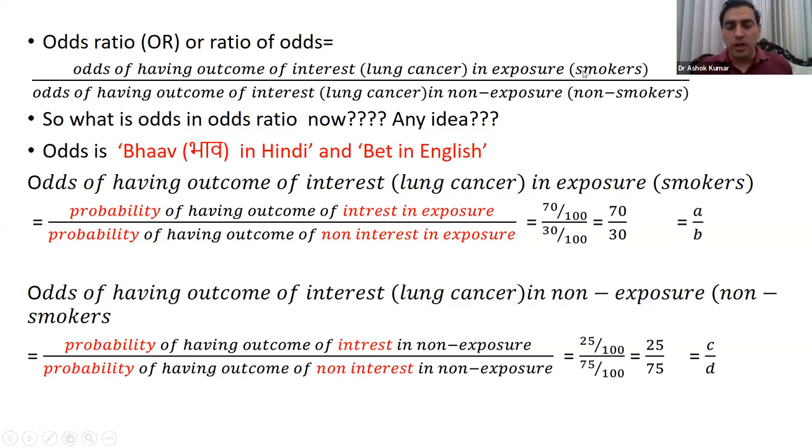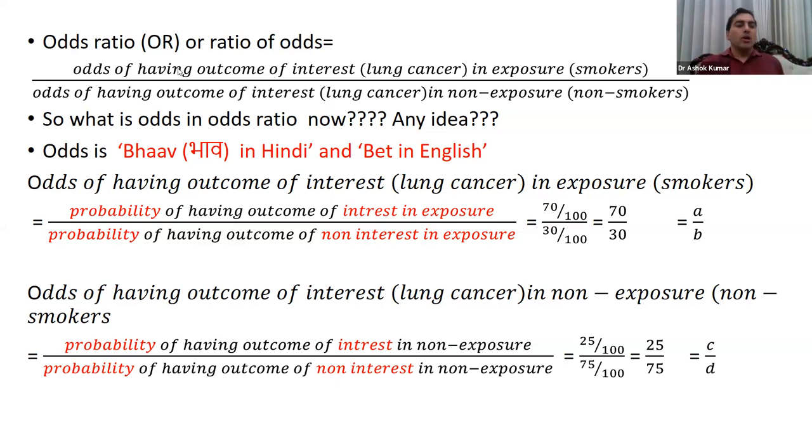When we talk about hypertensive, in the exposure group there is hypertension, and we can see CAD, coronary artery disease, as the outcome of interest. And when we talk about non-hypertensive in non-exposure, we can take CAD as the outcome of interest as well. We can take any example.